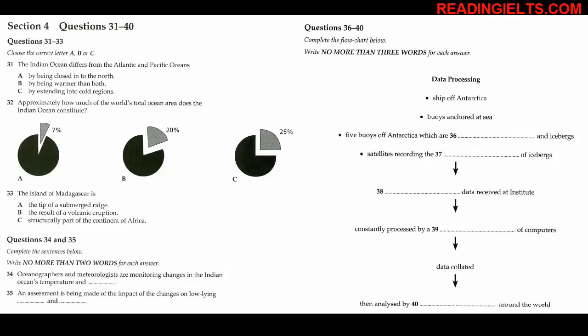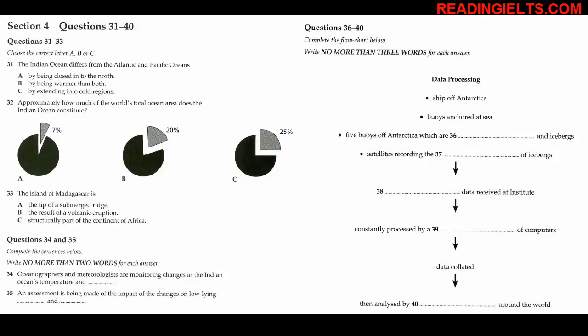Besides the buoys, data on cloud cover and wind and temperature change are received by satellite. Satellite images are also being used to record the size of the icebergs from the moment they break off from Antarctica. Their course is then mapped, as they move out into the Southern Ocean.